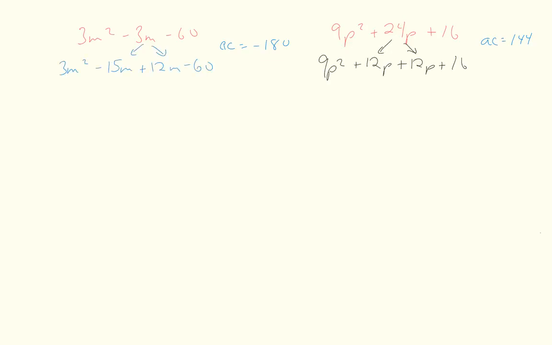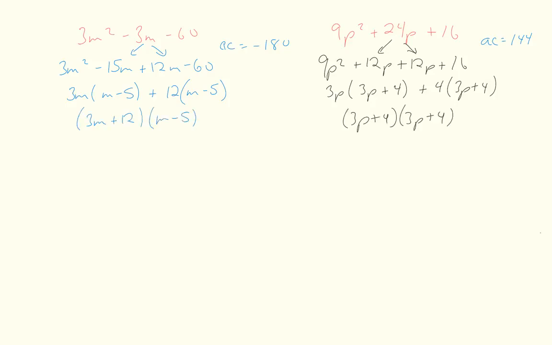And there we go. We've broken up the middle term here successfully because negative 15 times 12 is negative 180. 12 times 12 is 144. And there's just a couple steps left. Factor by grouping and finish off. There's the factor by grouping step. And there's the factored step.